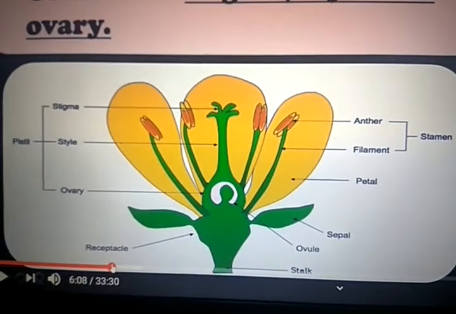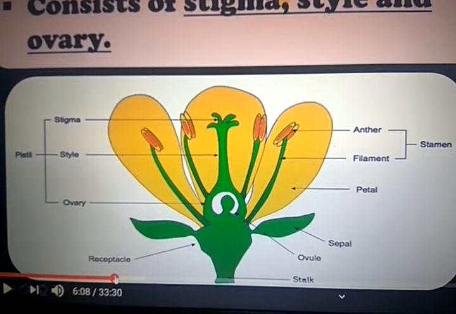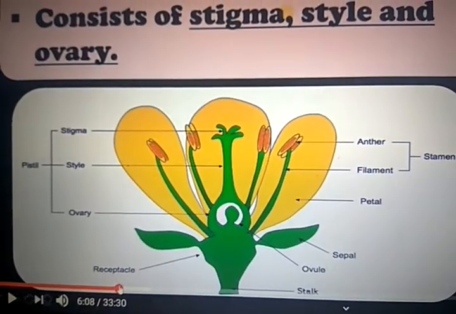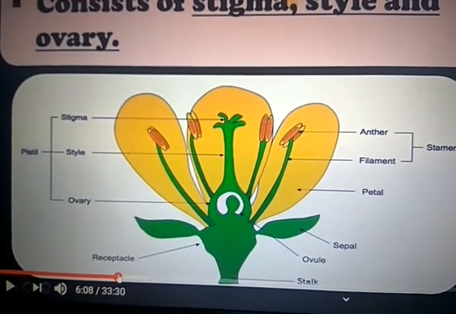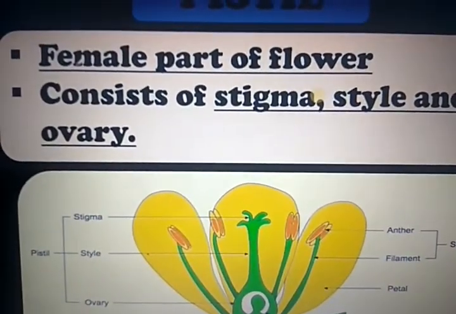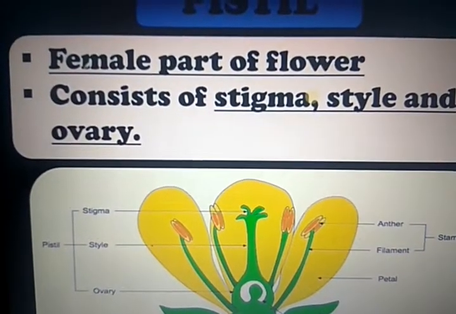So now stamen, men means male part of the flower, you remember, and pistil is the female part of the flower. Pistil is the female part of the flower, which consists of stigma, style and ovary.